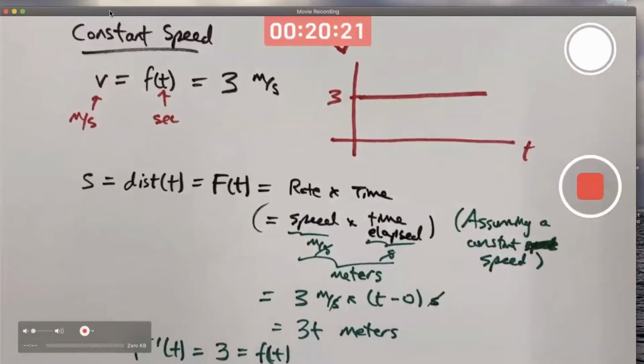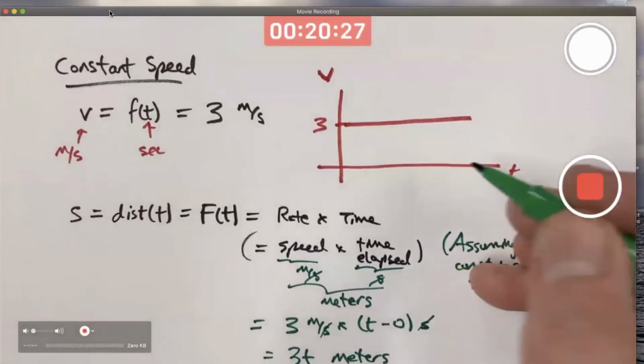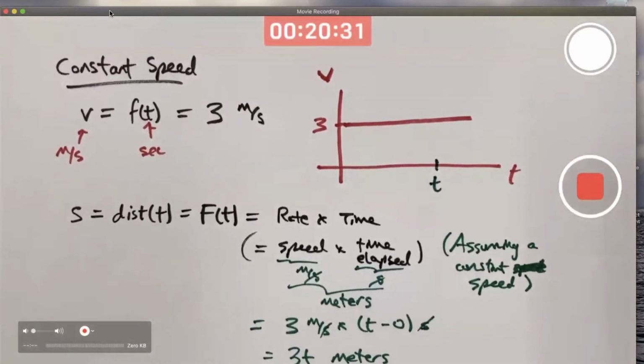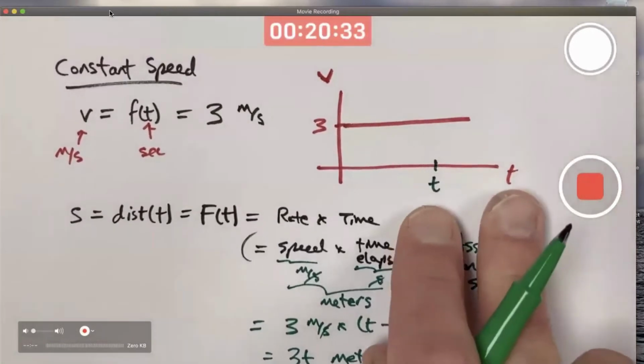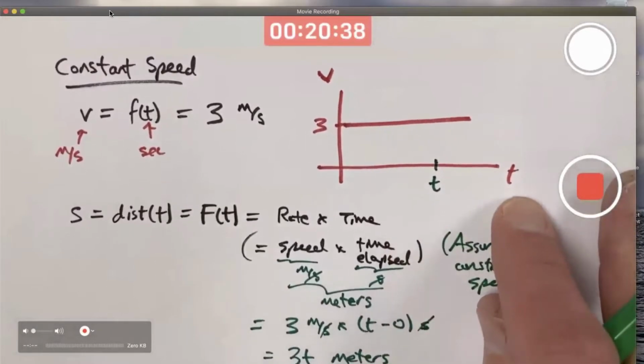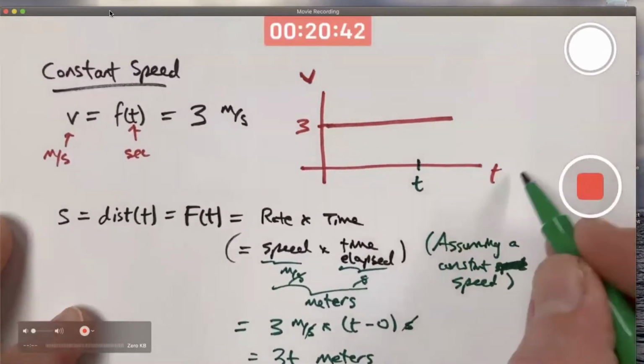However, in a drawing, I can't make an animation in a static drawing. I have to pick a value of t somewhere, maybe right there. This is also confusing because I'm using t in two ways. This red t is just labeling the horizontal axis as being time in seconds.